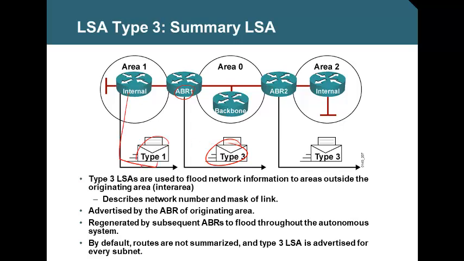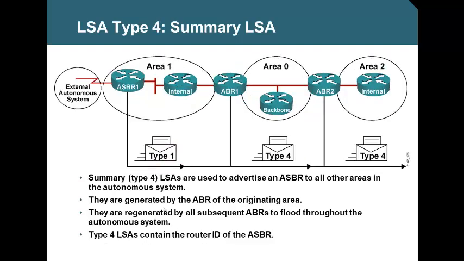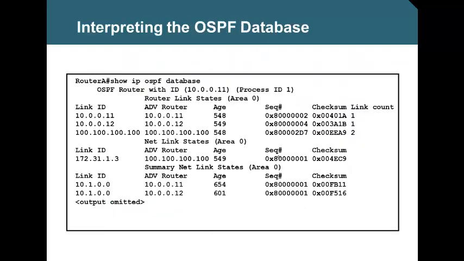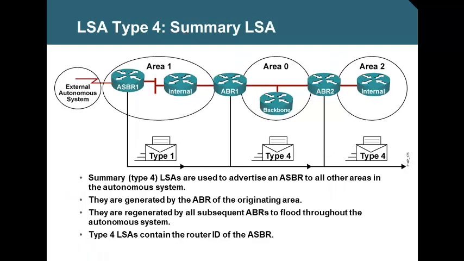Type 4, also known as Autonomous System Summary LSA. If you notice, type 4 relates to the ASBR, but it is carrying only the router ID of the ASBR, not any other information.